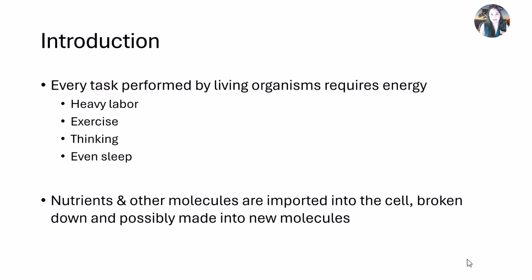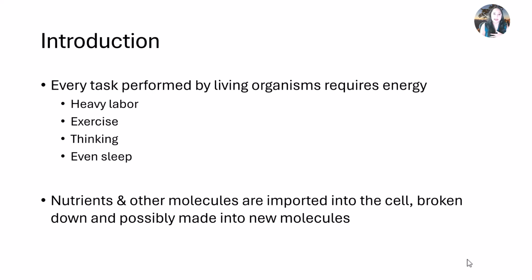Your brain cells and your nervous system are at work doing things. So thinking does require energy, and even sleep, with its different stages that help different things. Things that we don't even think of as requiring a lot of energy take energy from your cells. We get food that we eat.